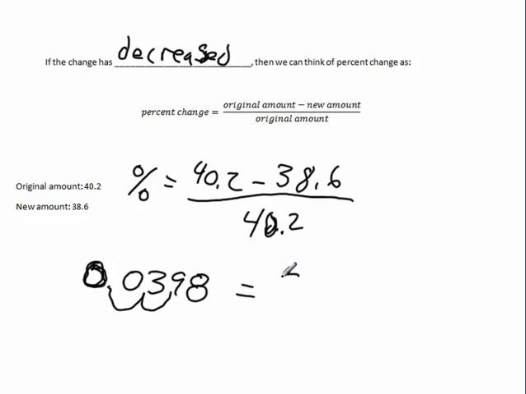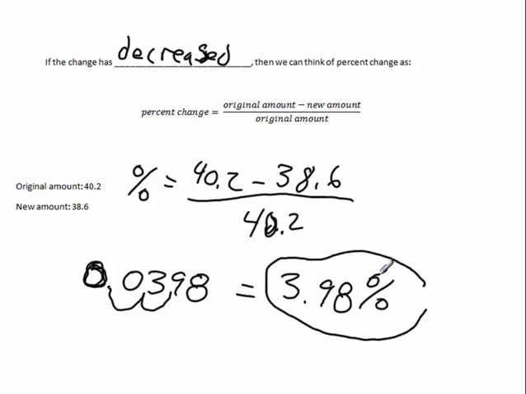So this is going to be 3.98%. And that's how much we have decreased. So we had a decrease of 3.98%.